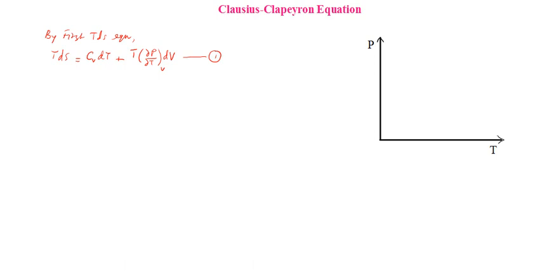1 mole of the system means we are converting the extrinsic variables here, like entropy, volume, and heat capacity. So these three, S, Cv as well as V, are extrinsic variables, and let me convert them to intensive ones.